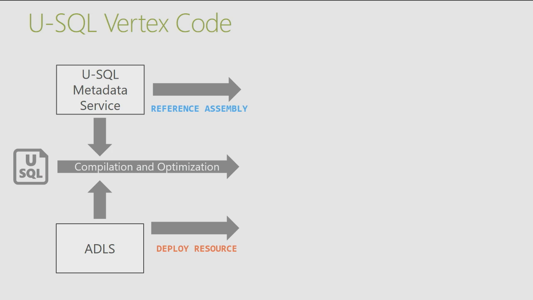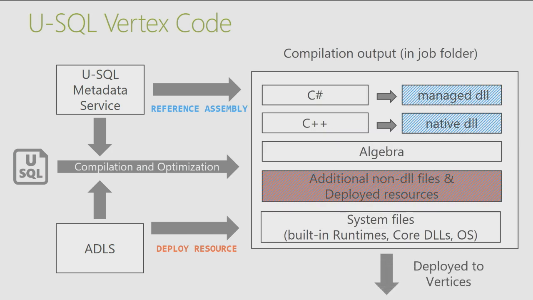And if I say deploy resources, I pick up files that are in ADLS or inside Windows Azure Blob Store, and I'm deploying that together with the script. Now, where do I deploy them? I basically deploy them into this job folder construct that contains all the code that we will then deploy into the Vertex.